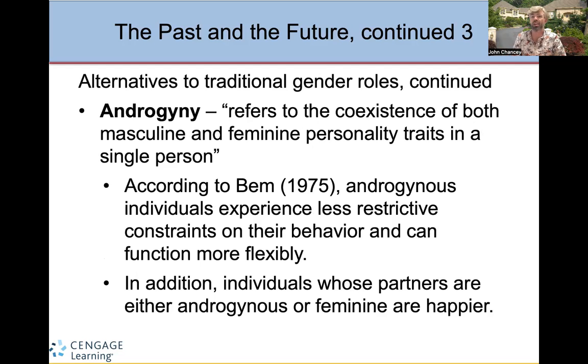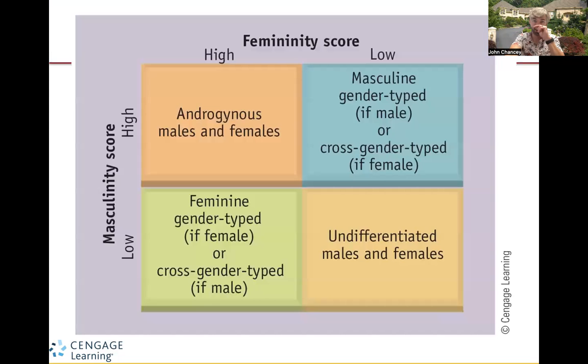They tend to function more flexibly, more fluidly in society. And typically when you have a partner who is androgynous or feminine, there tends to be higher satisfaction within the relationship. So in terms of masculinity and femininity, androgynous means scoring high on both, whereas you scored low on one or low on the other, be more masculine or feminine.